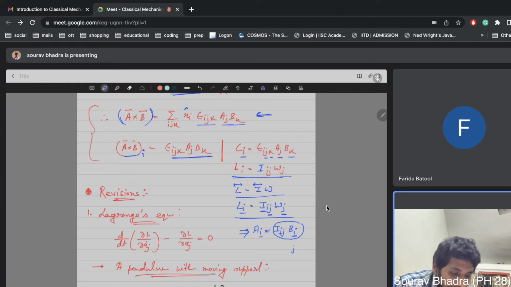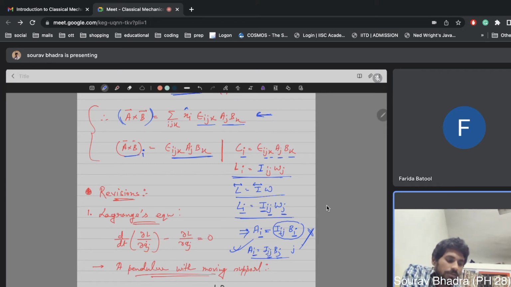But on the left hand side it is a vector with the index i. That means this transformation rule is not a correct one, so this cannot be a transformation rule for a vectorial or tensorial quantity. If it was written as ai equals Iij bj, then it would be correct, because j will be summed over and this i will match with this i.